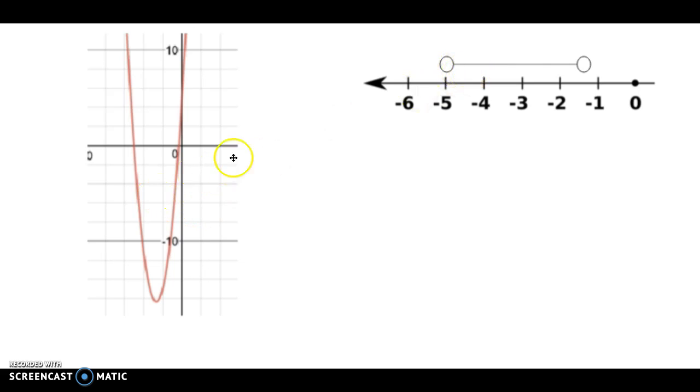So when I'm finishing my number line, because you always have to finish it with your solution set, you need to connect in between them because this is all parts of the graph that fall below. It's just taking all of this from the parabola and showing it on your number line. It's taking all the numbers in between -5 and -1/3.